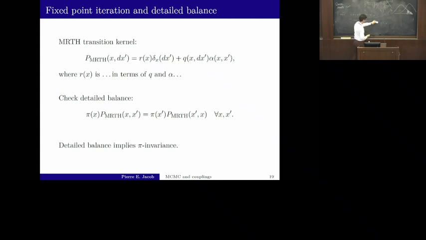So then I have this, and I can erase the denominator here. That's basically symmetric in x and x prime. So you have detailed balance, and so you have pi invariance. So at least if you start from pi and you do one step of this scheme, the point that you get is still distributed according to pi.